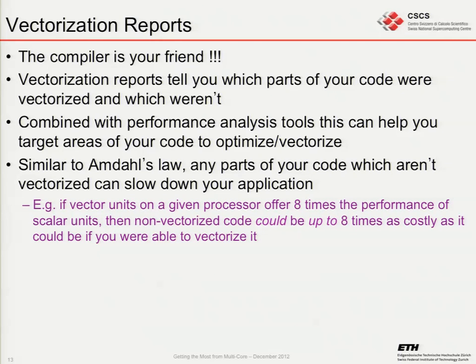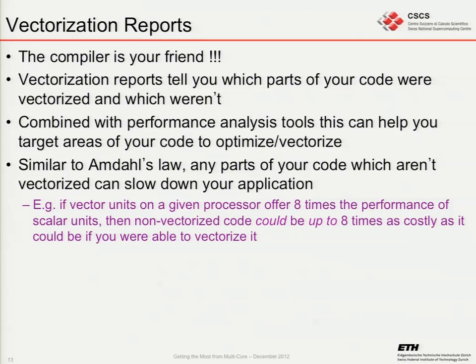So if we combine this with performance analysis tools, then we can see where we should be targeting our code. If we've got a piece of code which is taking a lot of our time, but which the vectorization report says is not vectorized, that could be a good candidate to spend a little bit of your time vectorizing. If it's not taking any time, don't worry about it.